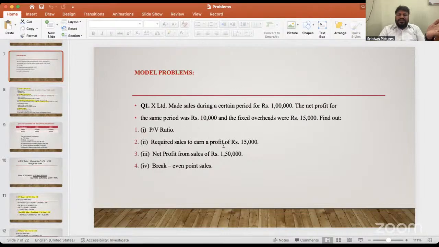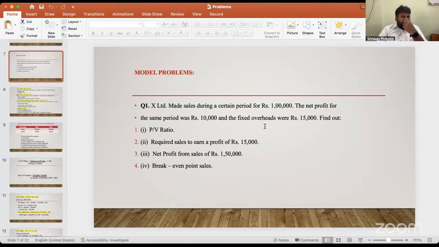Required sales to earn a profit of 15,000. To earn 15,000, what sales do we have to maintain? Here fixed overheads are given and the required profit is this one. So 15,000 plus 15,000 divided by the PV ratio. Total 15,000 plus 15,000 is 30,000, and 25% is the PV ratio.